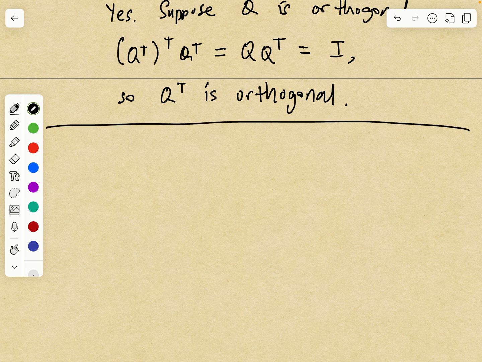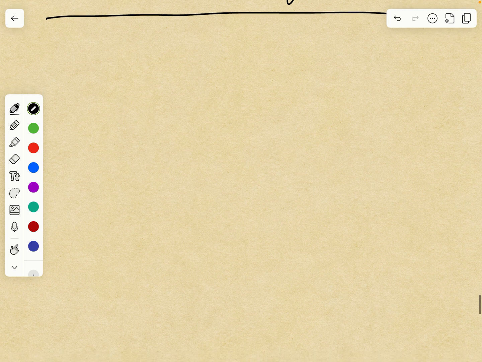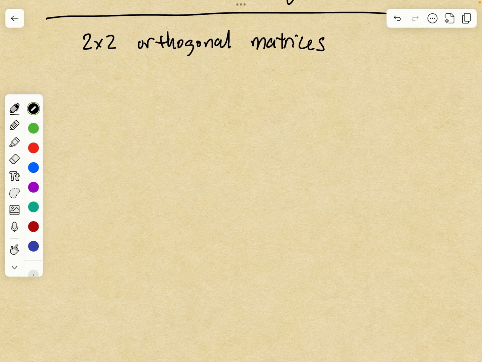All right, so those were some general properties of orthogonal matrices. Now let's look at 2x2 orthogonal matrices. And we'll show that all 2 by 2 orthogonal matrices have a very simple structure.